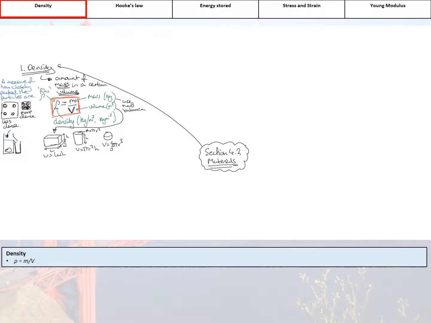So if we have an object in there, the water will flow up and out, and into a measuring cylinder, like so, and then you can read off the volume from your measuring cylinder, and the volume of the water displaced will be the same as the volume of the object you put in. So that's a Eureka can.